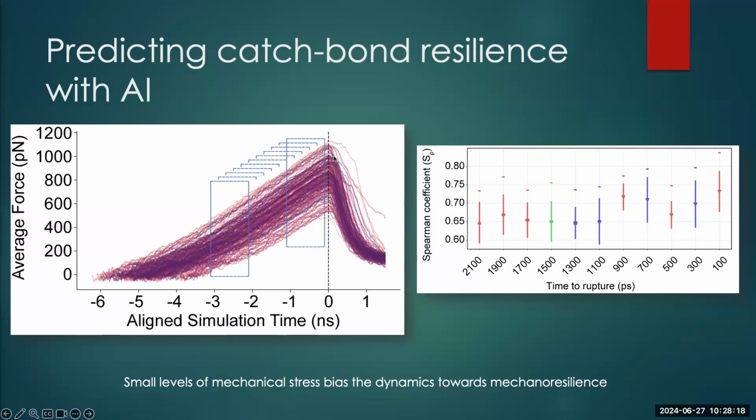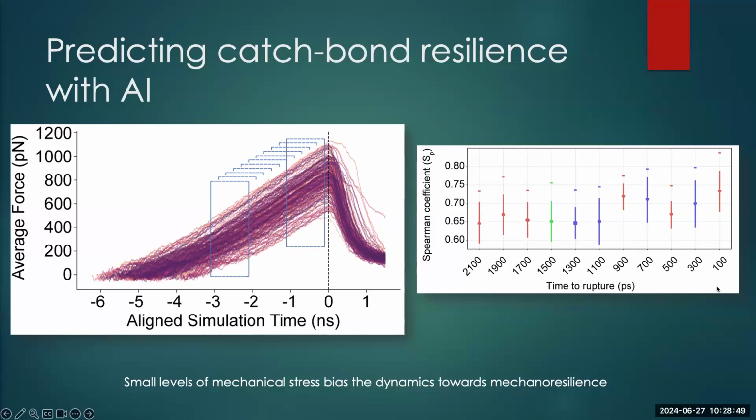We can get a window right before the rupture point, or a little before that, or a little before that, and we can do that on 11 different windows, all the way from very small forces. And then we can do the same idea, right? Run network analysis, capture the correlations across that interface, transform that into training data, and train a dozen different machine learning models and see what's the best prediction you can get.